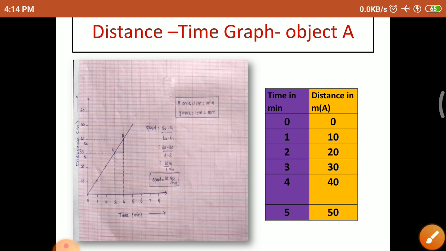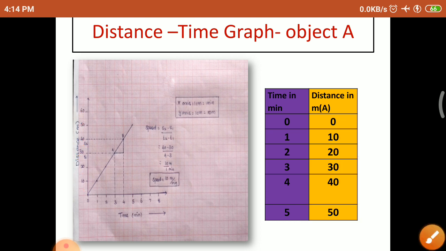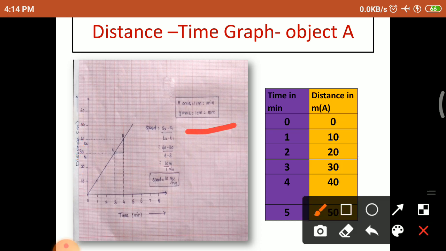And see the distance values: 0, 10, 20, 30, 40, 50. So here I took 10, 20, 30, 40, 50, 60. Next you have to write a scale. On the x-axis, 1 minus 0 is 1, 2 minus 1 is 1.